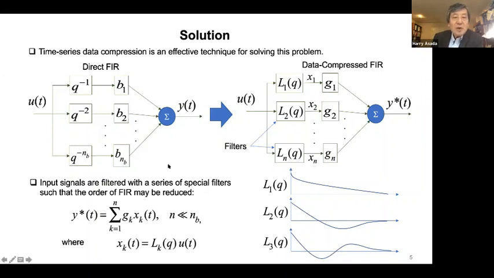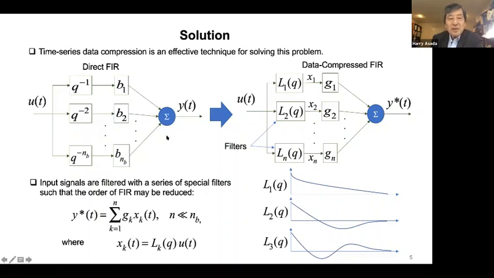In the original direct FIR, you have input and then one time step back, two time steps. We create u t minus 1, u t minus 2, and so on, and then take the weighted average. That's actually the moving average, that's y t, right? If we do so, this n b tends to be very high, sometimes 50, 100, and that's very difficult to handle.